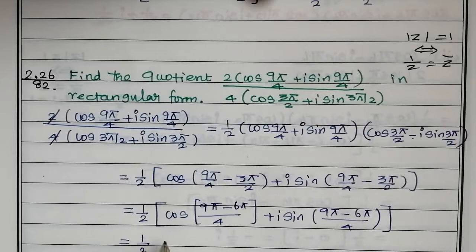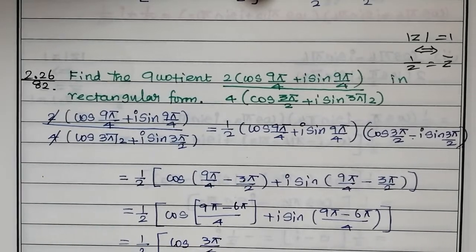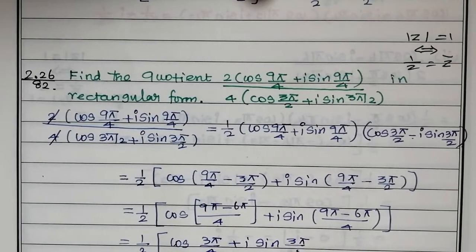That is 1 by 2 into cos of 3π/4 plus i into sin 3π/4. So 3π/4 is nothing but 1 by 2 into cos of (π minus π/4) plus i into sin of (π minus π/4).